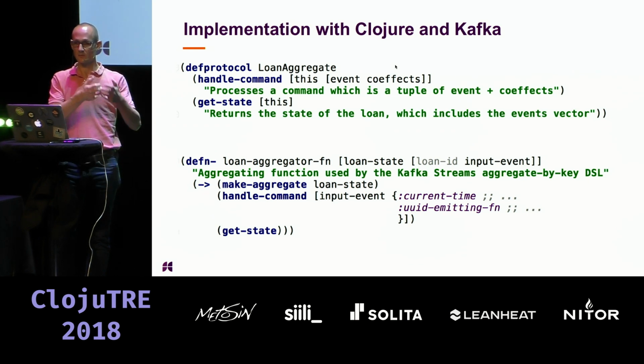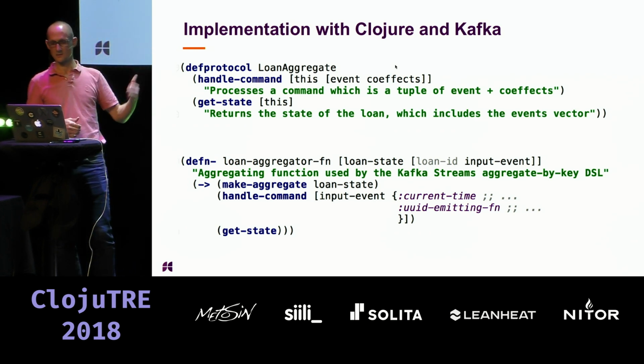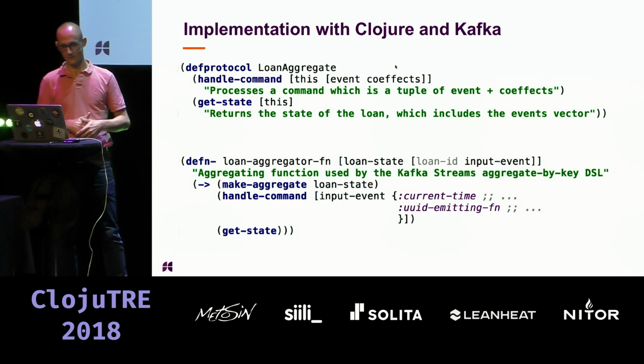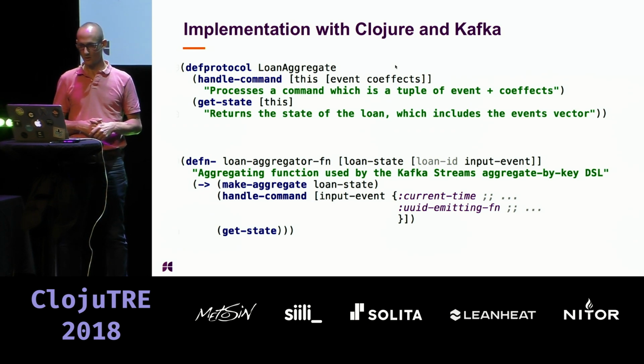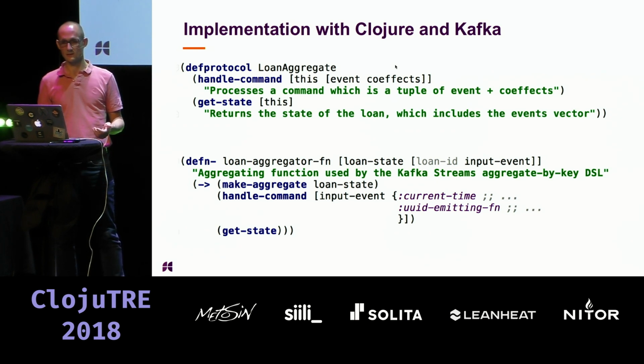The loan state has been pulled out of the state store by Kafka Streams. And then we call handle command on that aggregate, given the input event that we want to process, and some side effects that we want to get out of the core function. And then we return the new state of the aggregate, and that's it.